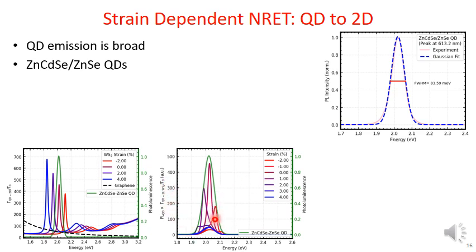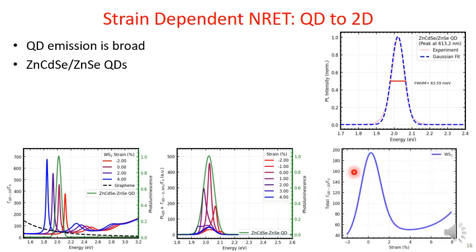As you see, with increasing strain, the response changes. You get the maximum transfer when the strain is around 0%, and it is slightly smaller when the strain is negative, meaning compressive strain, and if you increase the strain, that rate will decrease. If you compute the area underneath these red to blue curves and plot that as a function of strain, this is what we obtain.